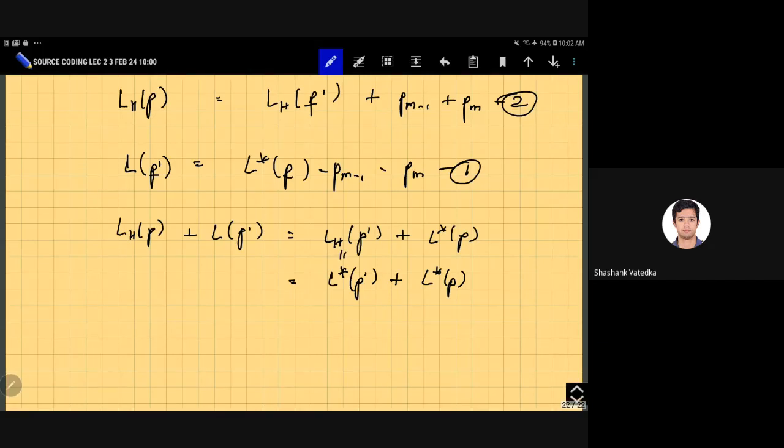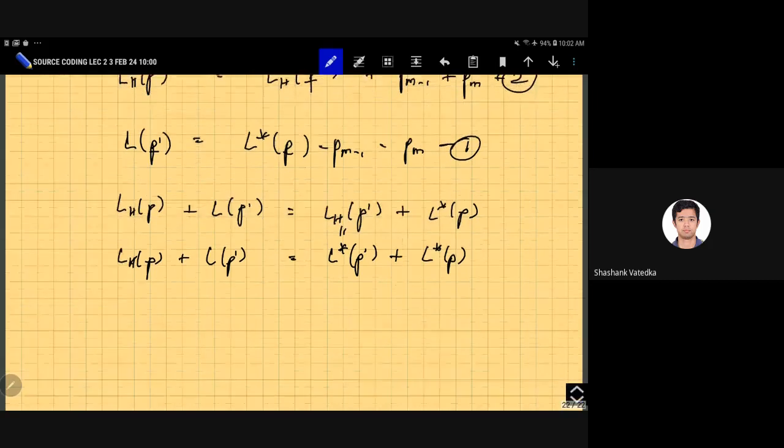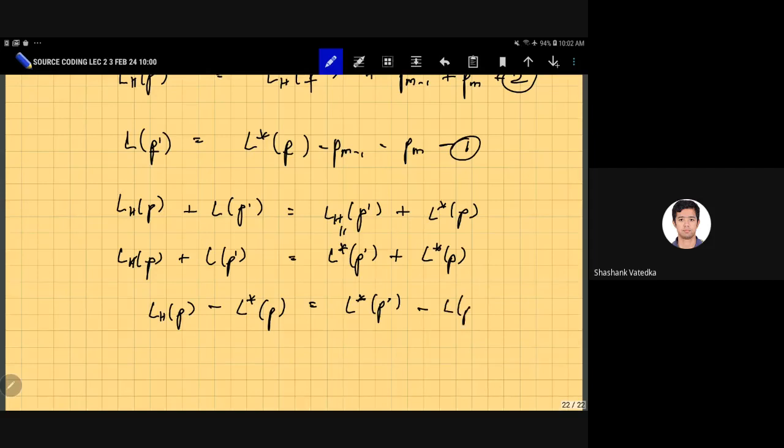So L_H(P) minus L*(P) is equal to L*(P') minus L(P'). I've just rearranged things.